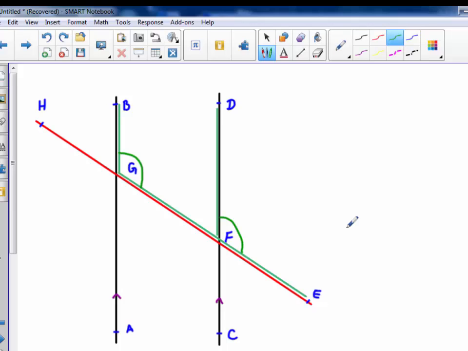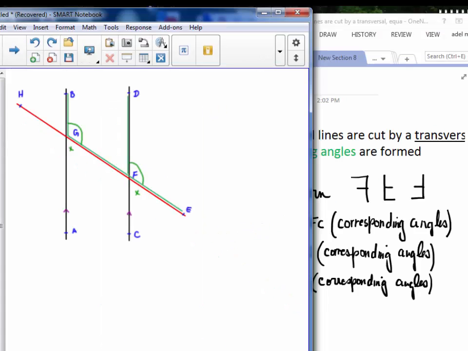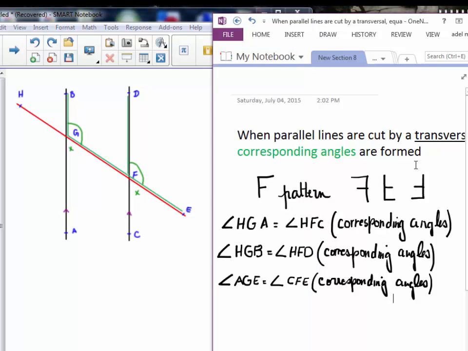And as you can see, for your knowledge, this is an obtuse angle, this is an obtuse angle. Before, this was an acute angle and this was an acute angle. So it's normal that the two acute angles are equal, and these two obtuse angles are equal because they are forming the corresponding angles or the F pattern. So again, I'm going to write here that angle BGF equal to angle GFE.